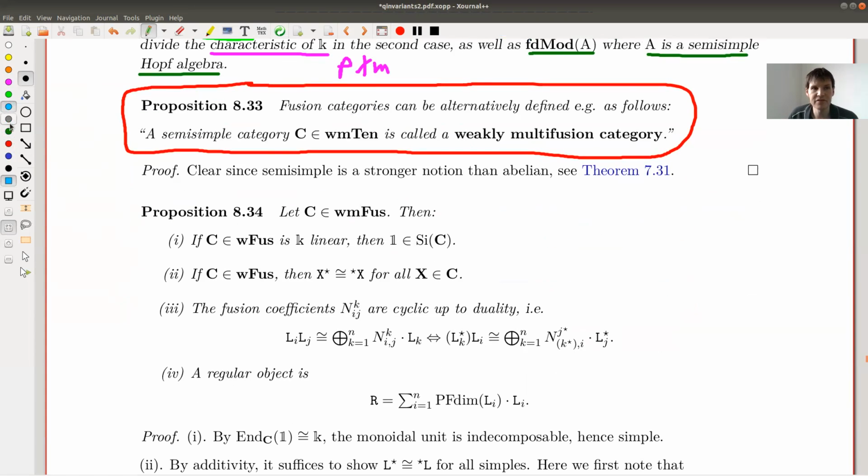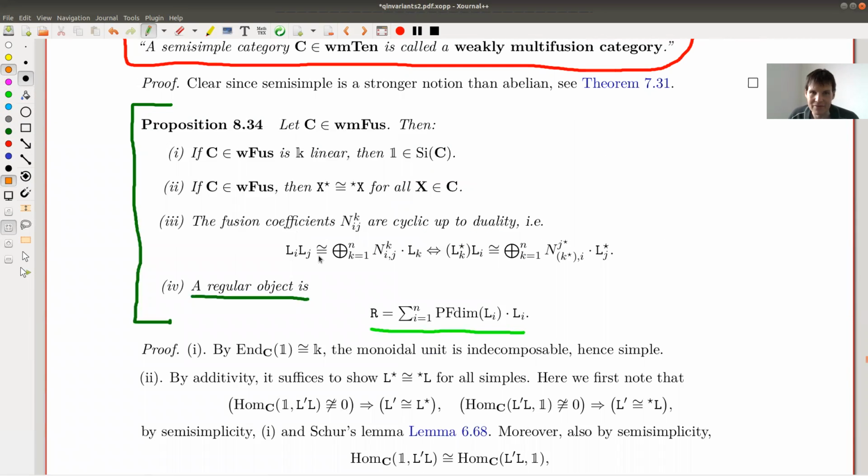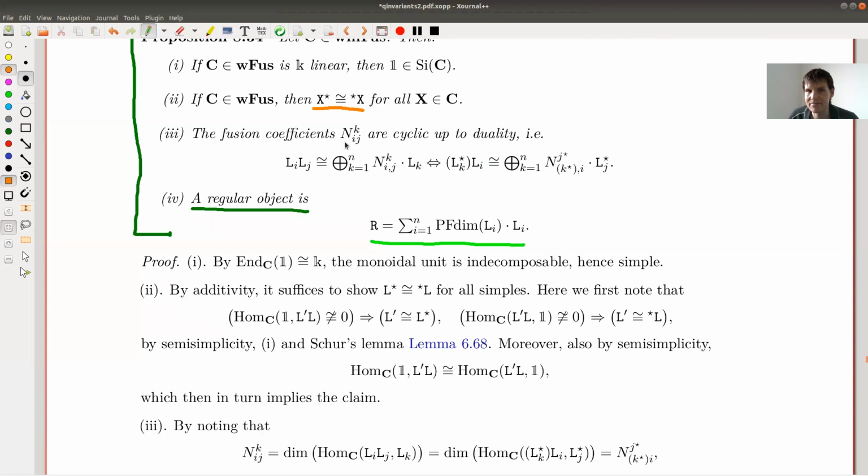Here's a certain proposition. It's not super exciting. It just makes life a little bit easier. For example, the regular object, or a regular object to be completely precise, is just given by taking the sum of the Frobenius dimensions of the simple objects. Not very exciting, but okay to read. The fusion coefficients are circling and so on.